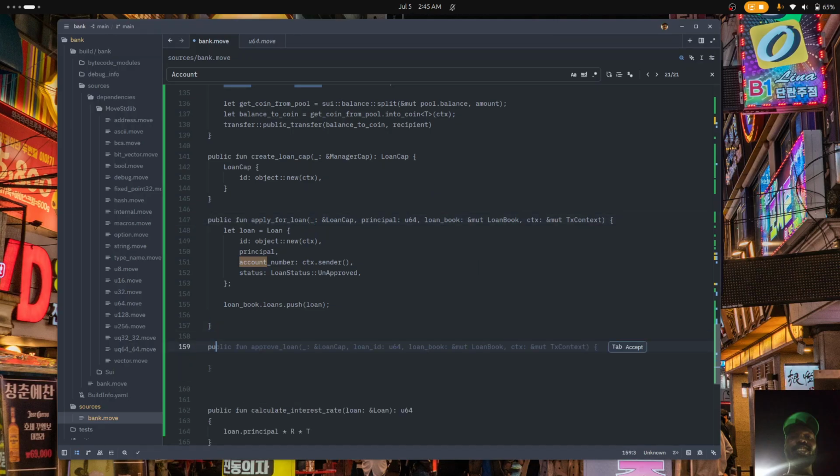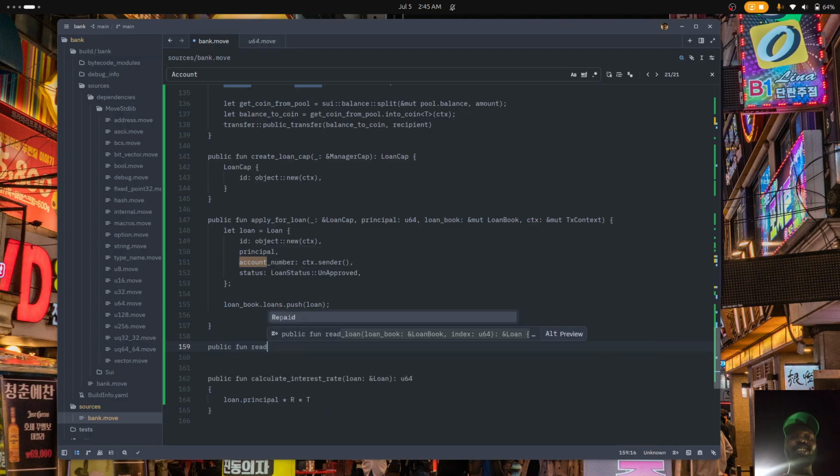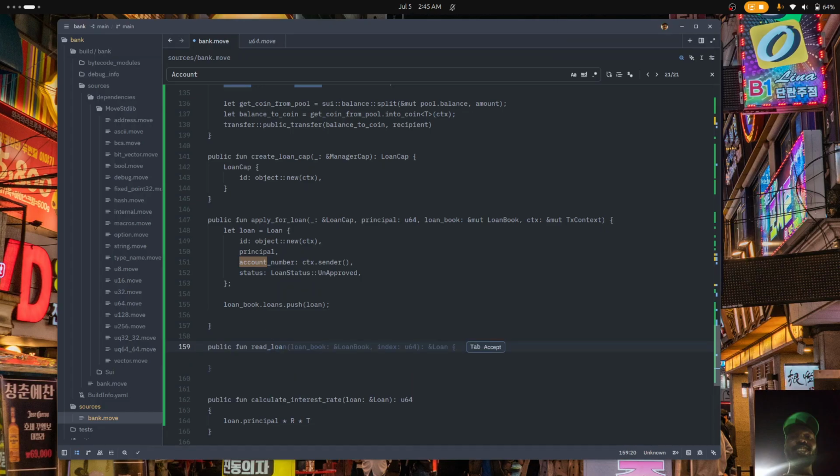Then next thing is we need a system to read loans, not just approve loans. Who can do the reading of loans is managers. Manage cap, read loans.